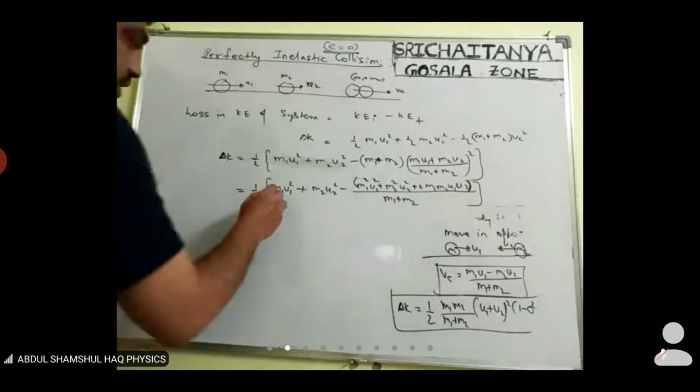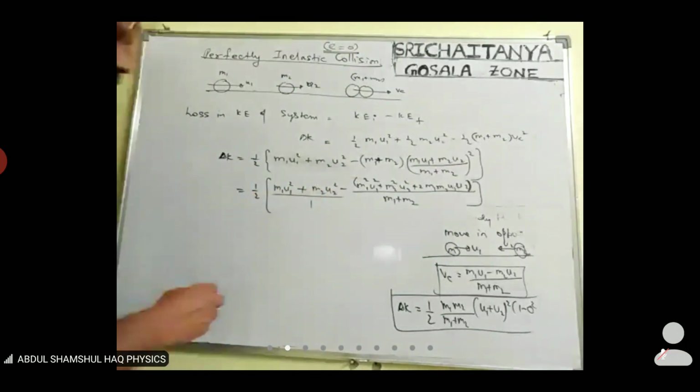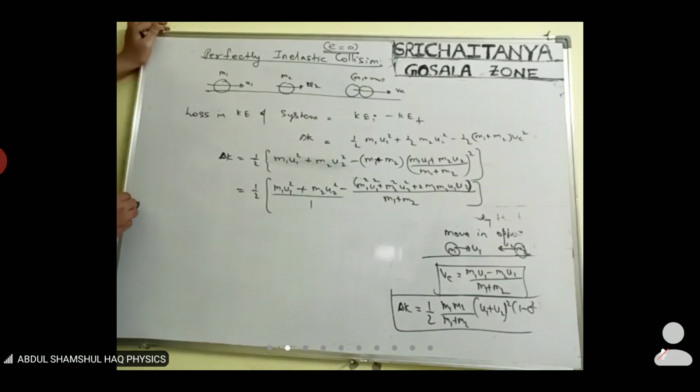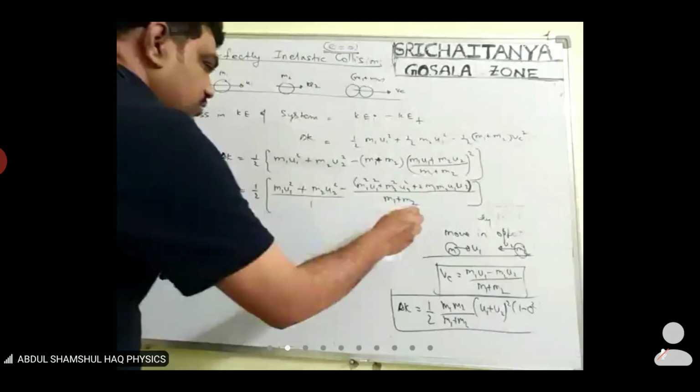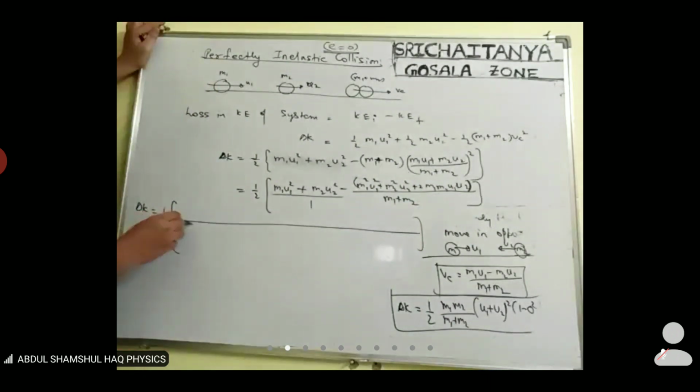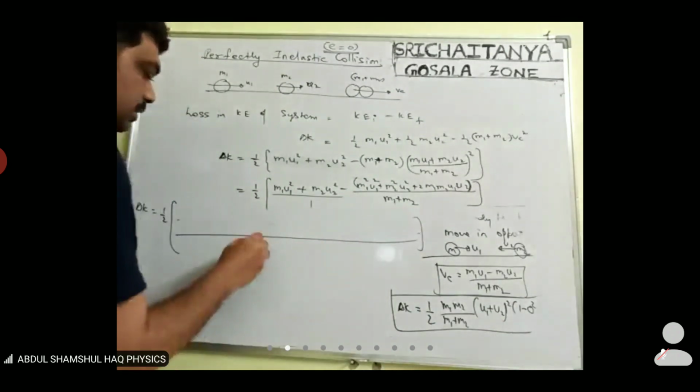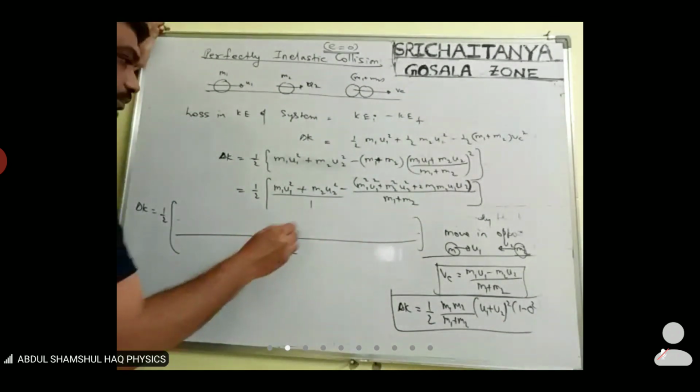Now, this part is nothing much. Let us take the LCM. So delta K in this case will be equal to, LCM is m1 plus m2.